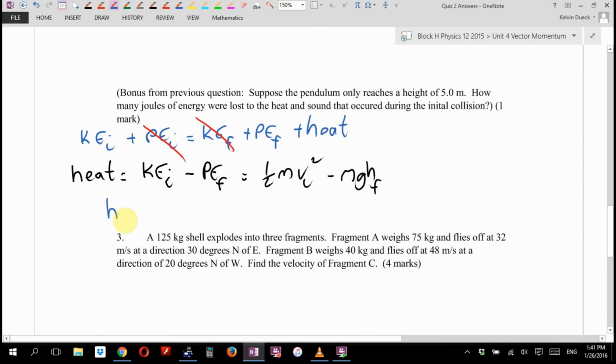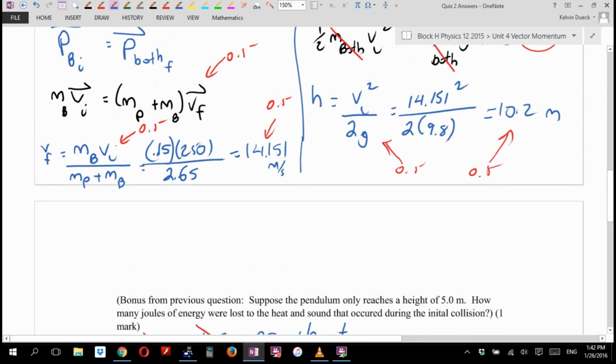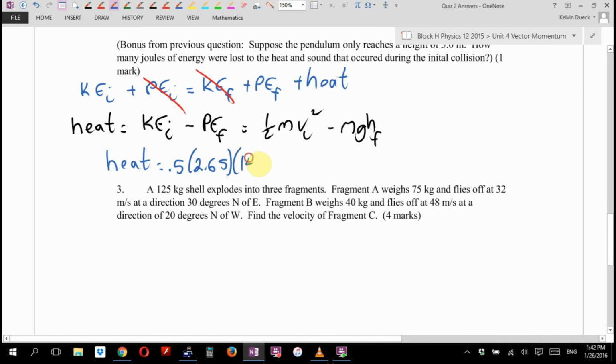So the heat is going to be 0.5. Which mass? Oh, m both? What was m both? 2.65? I'm going from memory there. v initial was 14.151 squared minus still 2.65 times 9.8.